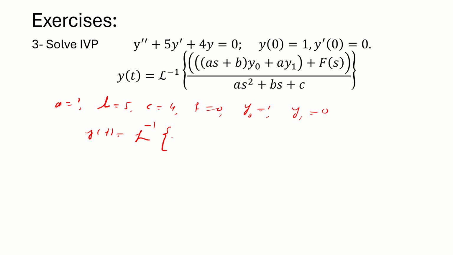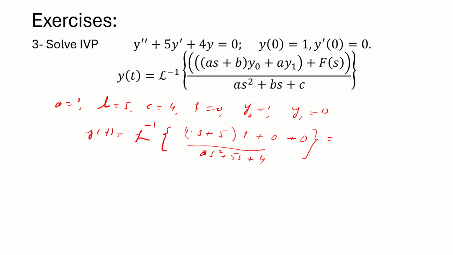So we get 1 into s, whereas y naught is 1. So 1 into s plus b, which is equal to 5. So it's s plus 5 into y of 0, y naught, that is equal to 1, plus a y1. So a y1 is 0, that becomes 0, plus f of s is also 0 because f of t is 0, divided by a s square, that is s square plus 5s plus 4, the characteristic equation altogether.